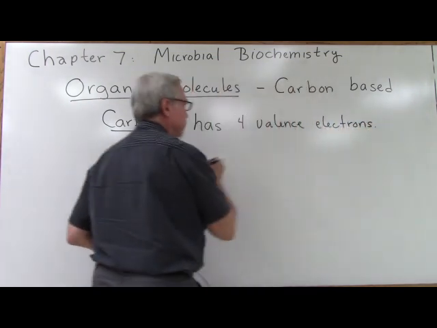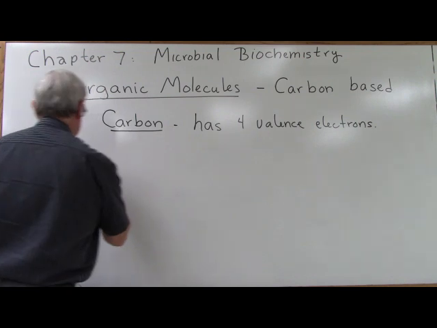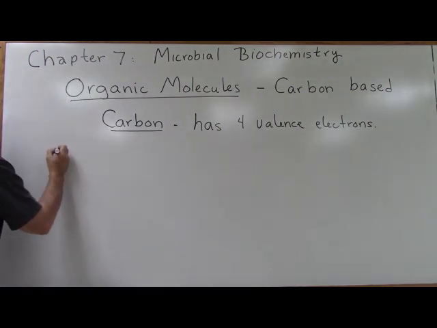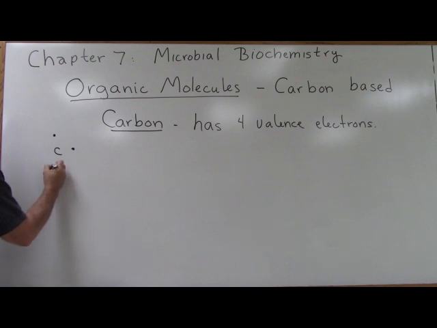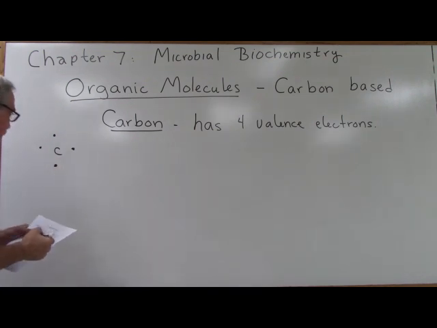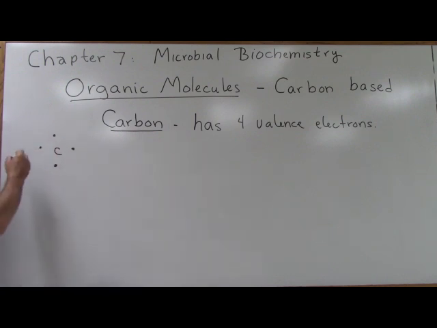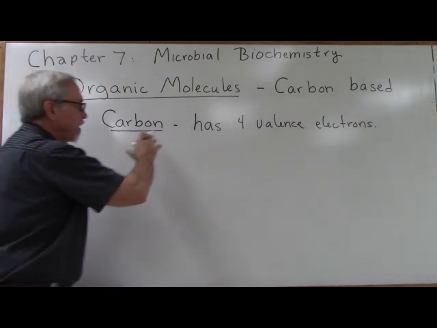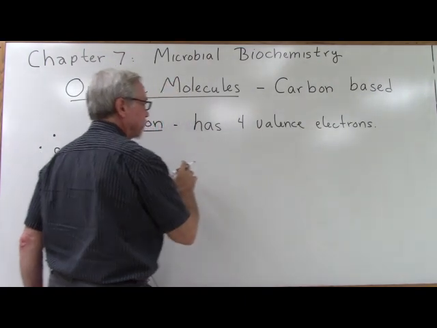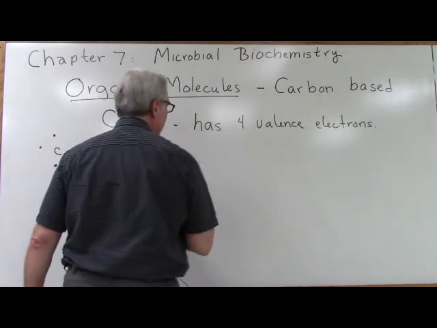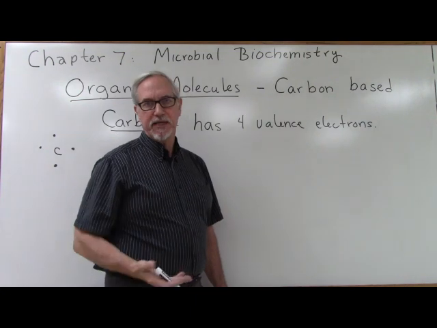Like I said, these are the outer shell electrons, so we can depict this like this. So here's carbon, and it has 1, 2, 3, 4 outer shell electrons. And the deal is that this shell, in order to be chemically stable, has to have 8. So carbon has 4 valence electrons, so it's half full, but it's also half empty.